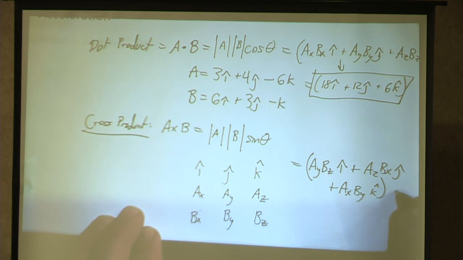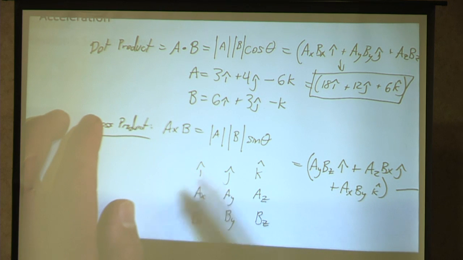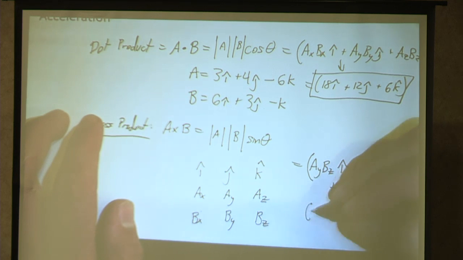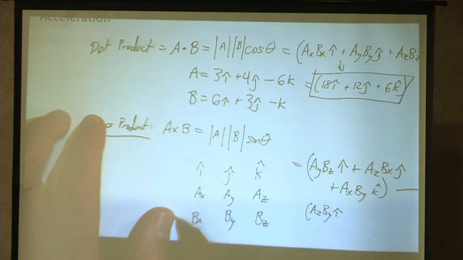And then you're going to subtract going the opposite direction. So here you have I, so you're going to go to the other side, AZ times BY, I plus J, you go the opposite way, AX times BZ.